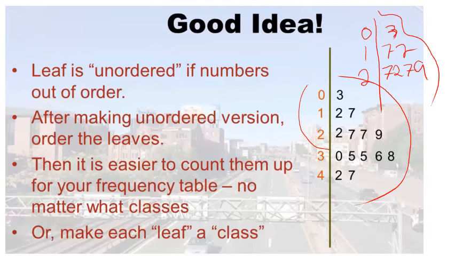It's a good idea to write them in order, especially if you're going to be using this data for something else and you want to read it easier when analyzing your data later. So you should put them in order after you've already organized your data, created your leaves, and know exactly which data goes into which leaf.